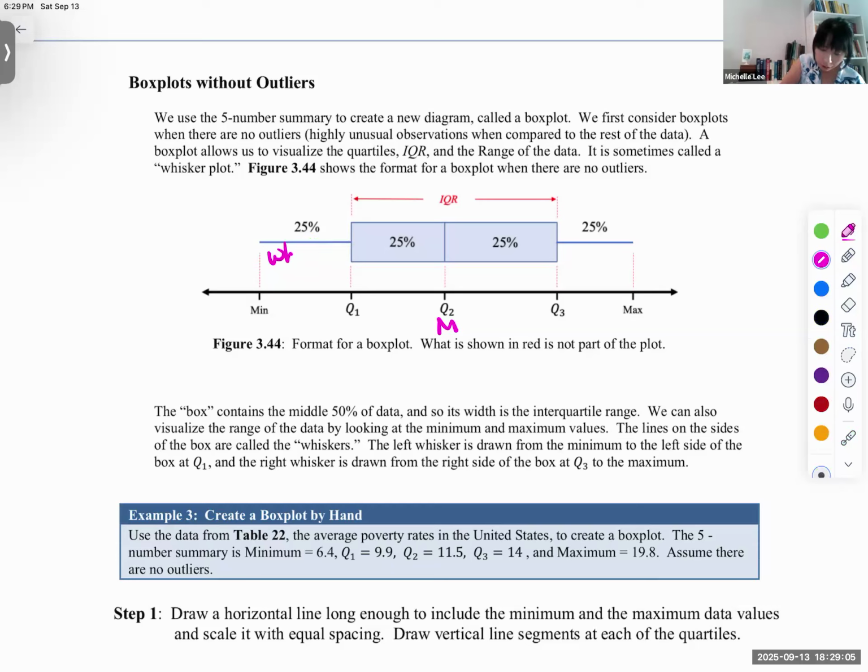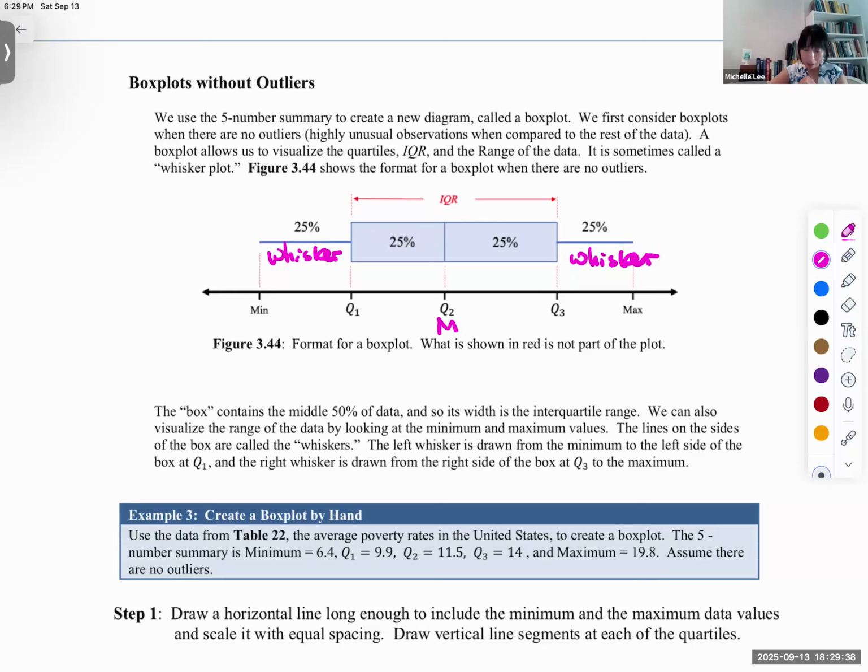This is a whisker, and this is a whisker. Since we have more than one, we call them the whiskers. And in the middle, we have the interquartile range, the same as the definition of interquartile range. So we talk about the inside middle 50%.